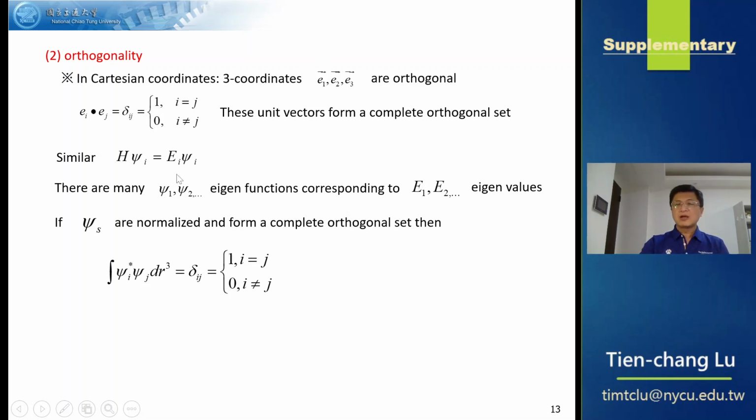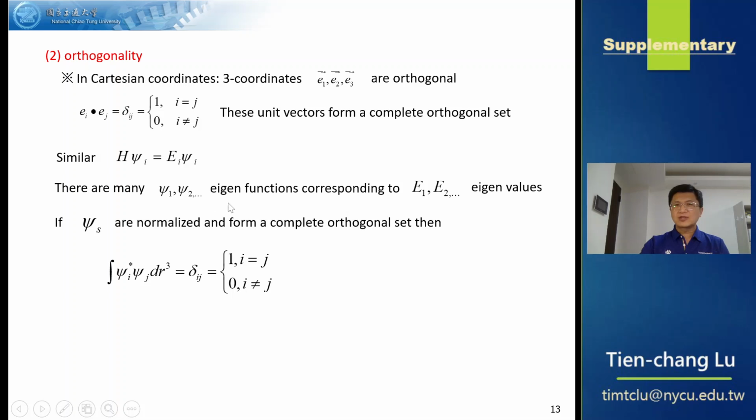Similarly, we already mentioned that the Schrödinger equation is a kind of eigenvalue problem. Once we have this matrix, we are able to solve for and find those wave functions with the corresponding eigenenergy E_i, and these wave functions are denoted as phi 1, 2, 3.